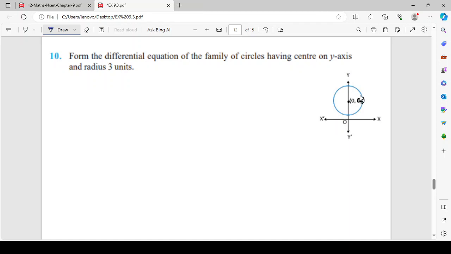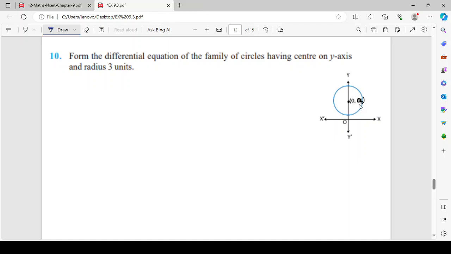But here the family of circles having centers on y-axis and having radius 3 units, it is mentioned. We don't know where it is. It is not mentioned whether it is touching the y-axis, touching the origin or not. Only mentioned that the centers are lying on the y-axis.